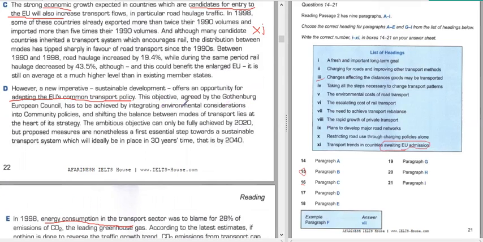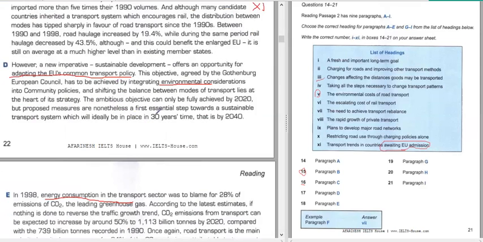So something is related to environment here, and I saw environment here also. The environmental cost of road transport into community policies, and shifting the balance between modes of transport lies at the heart of the strategy. The ambitious objective can only be fully achieved by 2022, but the proposed measures are nonetheless a first essential step towards a sustainable transport system. So mainly this environmental consideration.